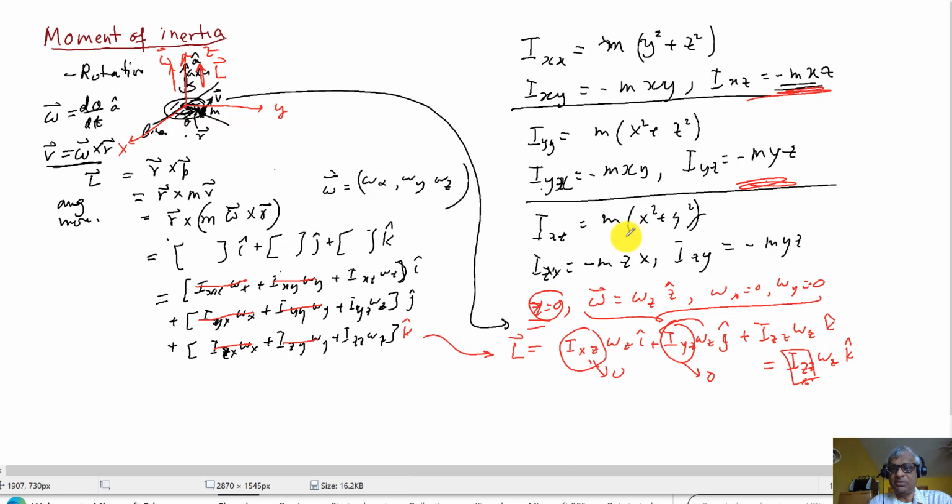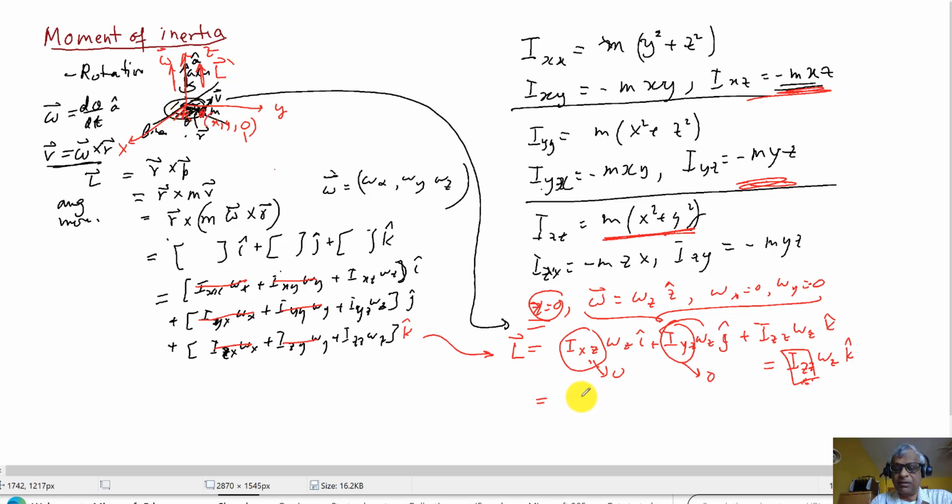I zz here was just x square plus y square. So when I look at this mass, its x and y are on the circle and z is 0. In this choice of coordinate system, it's simply the radius of the circle, the radius r.